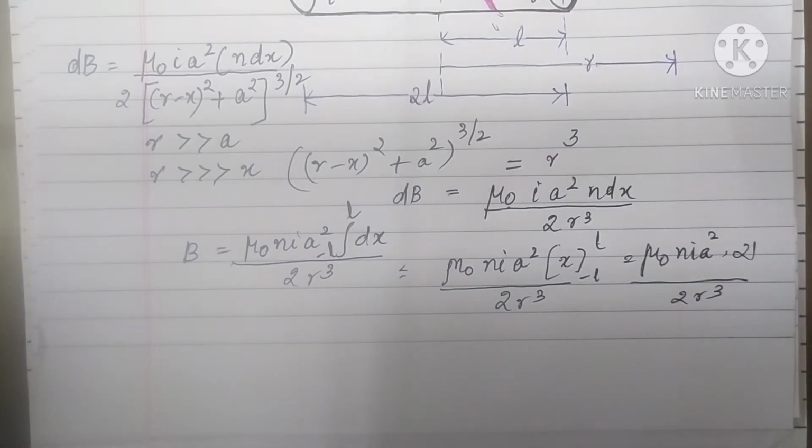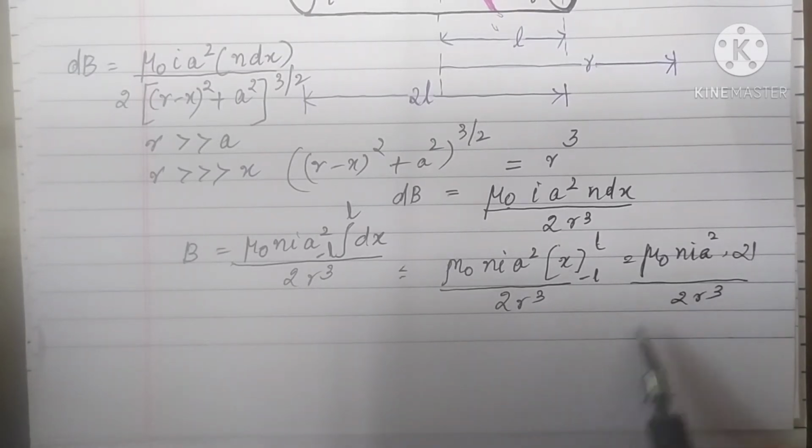And from this expression, you can rearrange it by multiplying and dividing by 4 pi.